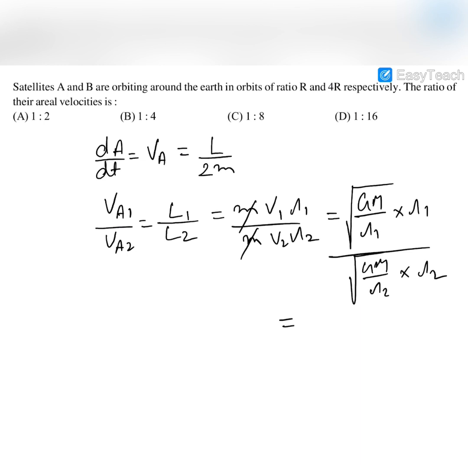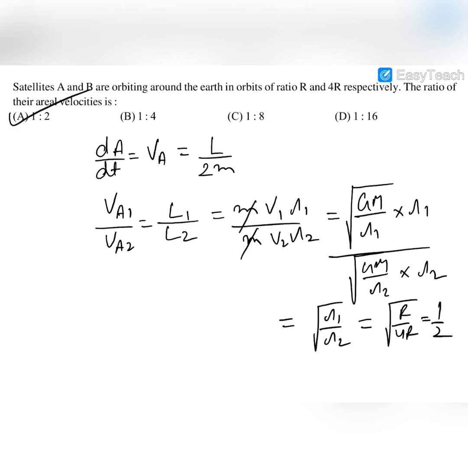So you can see that this would be under root of r1 by r2, and r1 by r2 is under root of r upon 4r, so it is 1 by 2. So we can say that the ratio of areal velocities will be 1:2. So the correct answer is A.